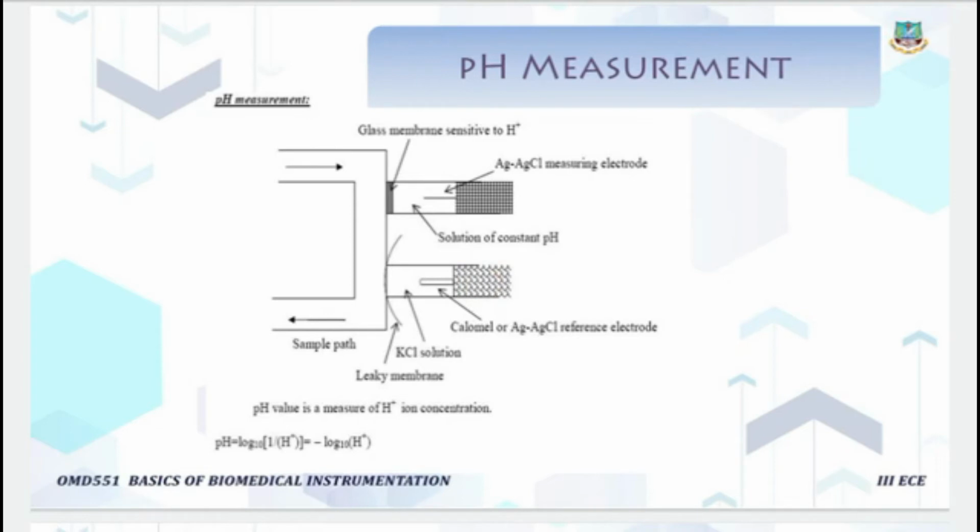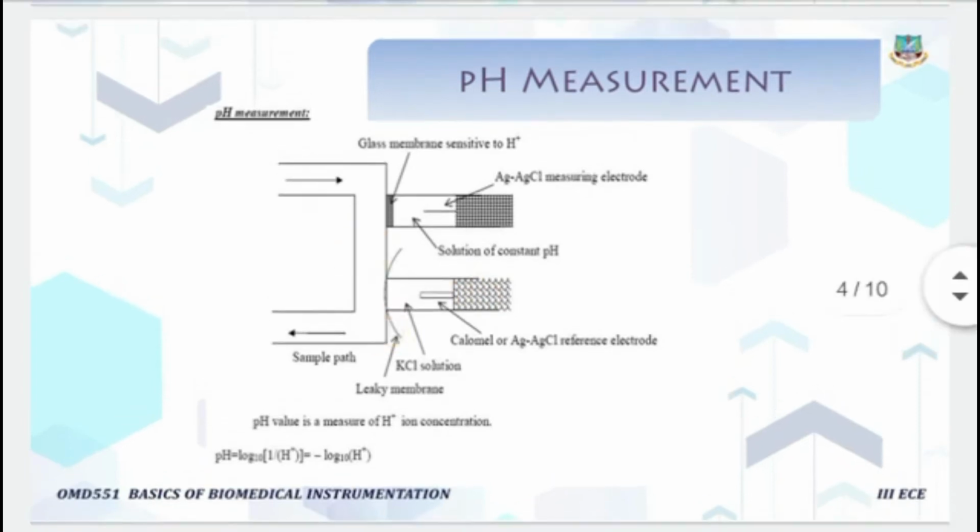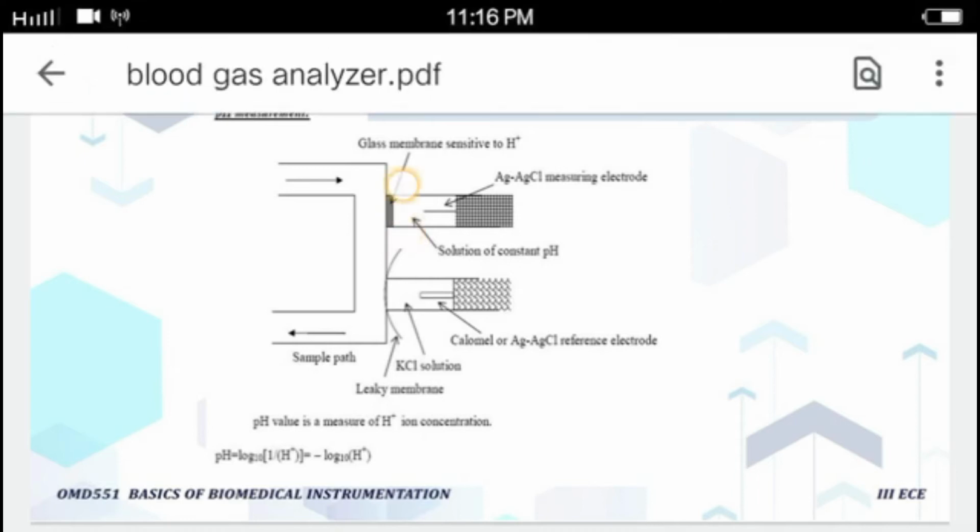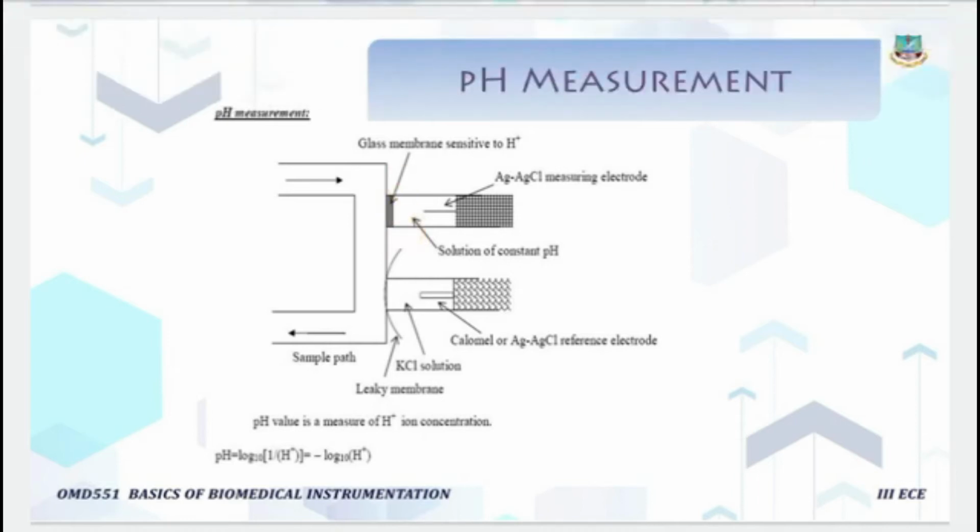The measuring electrode consists of a silver or silver chloride electrode inserted in a solution of constant pH, and it is closed by a glass membrane, which is sensitive to H plus ions.